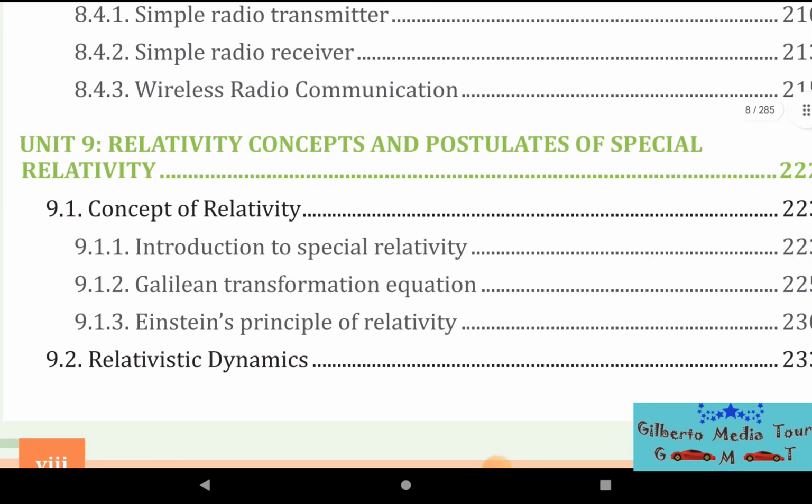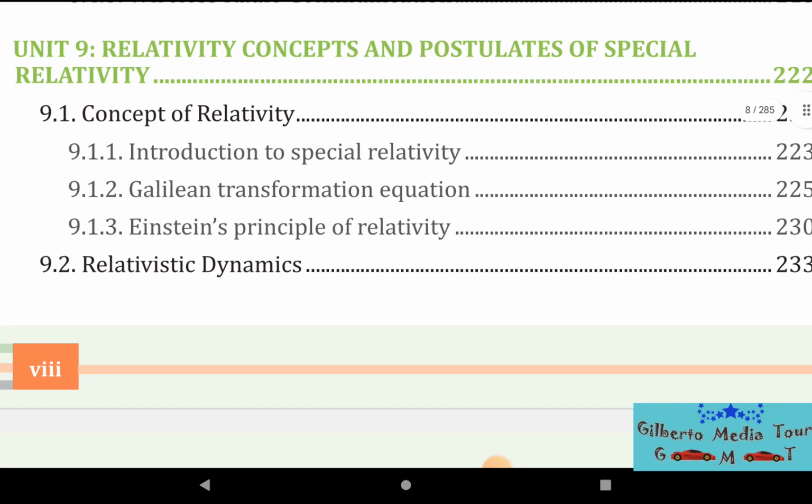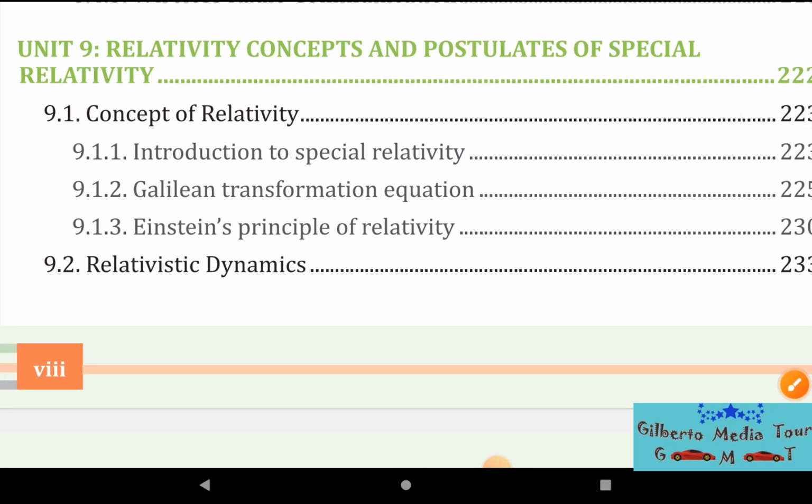In unit number 9, we shall focus on relativity concepts and the postulate of special relativity, where first we shall explain what is concept of relativity and the relativistic dynamics.